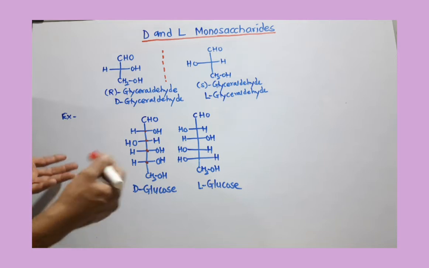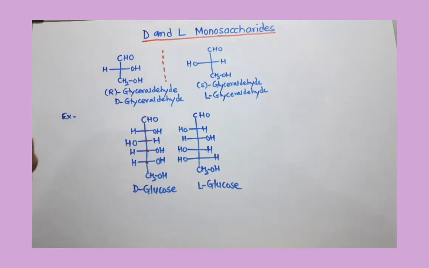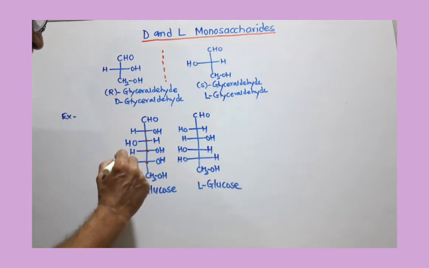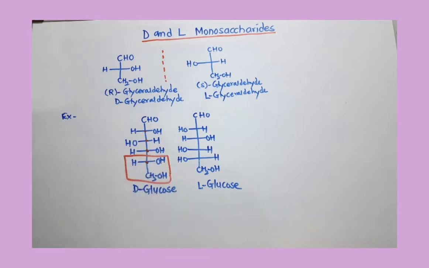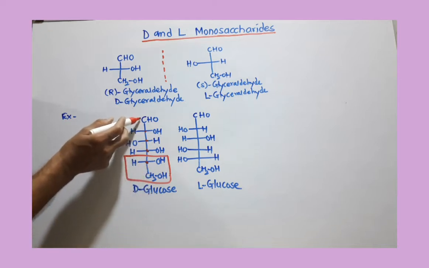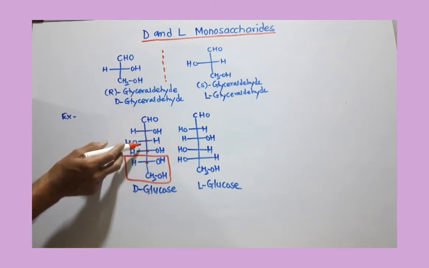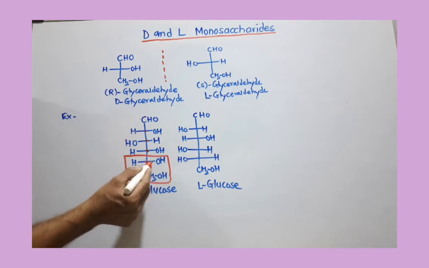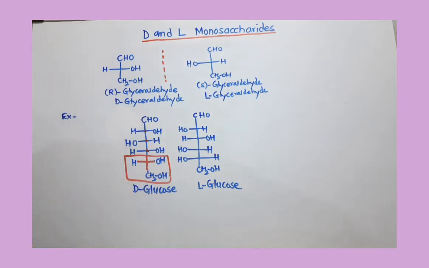Now how do we provide the D letter or L letter to the monosaccharide? You just watch the chiral carbon which is away from the carbonyl group. So this is a carbonyl group, and as we move away from it, this is the chiral carbon which is away from the carbonyl group.